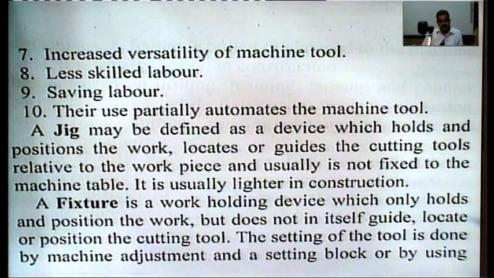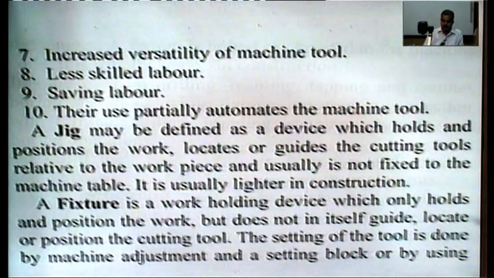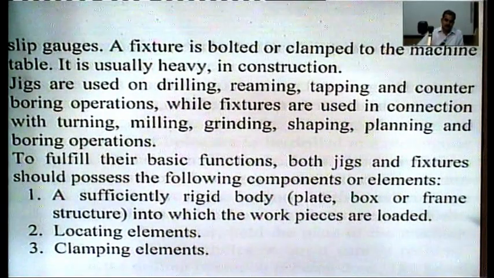In case of a fixture, these tools only hold or position the work, whereas a jig holds or positions the work and at the same time locates or guides the cutting tool. The setting of the tool is done by machine adjustment and setting block, or by using slip gauges.